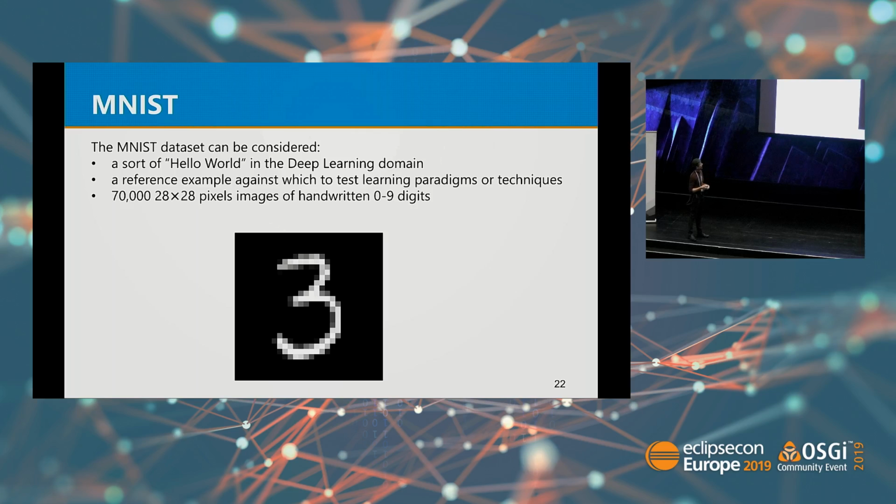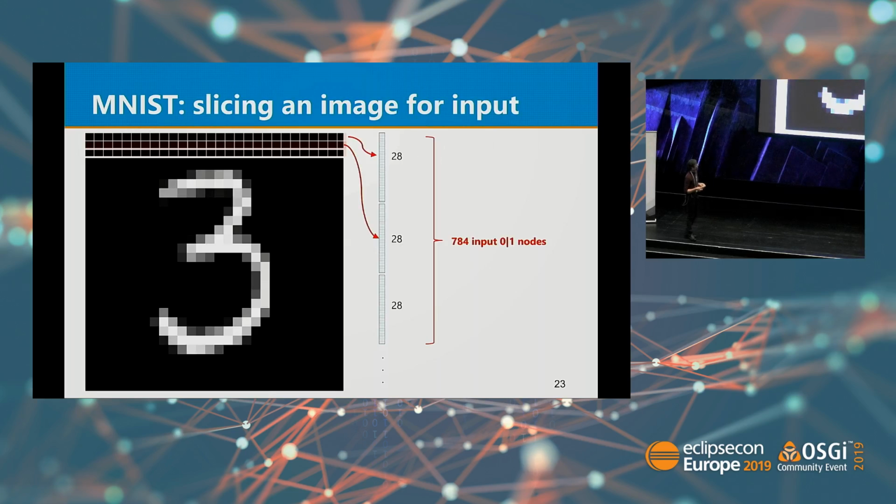How can we use this kind of image for a network? Well, for example, we can serialize all the pixels into one row of nodes. In this case, we have 28 by 28, so 784 input nodes, 0, 1 nodes.